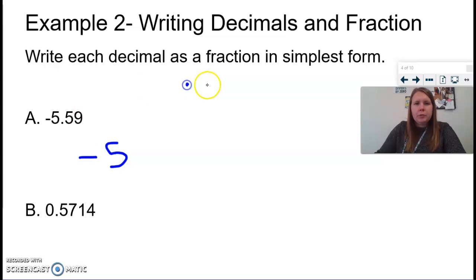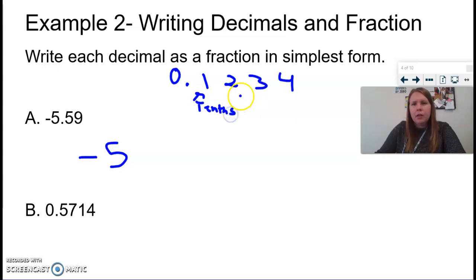So let's just make like 1, 2, 3, 4. This 1 in this decimal is your tenths place. The 2 then is your hundredths. And you'd keep going, okay?